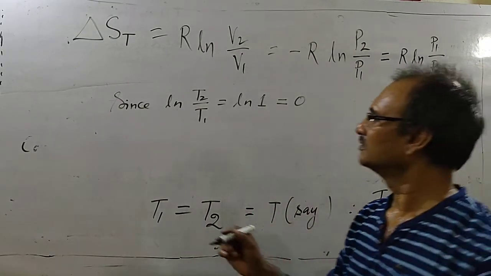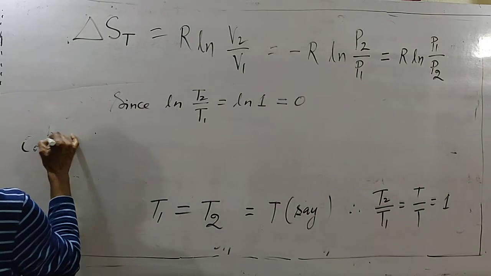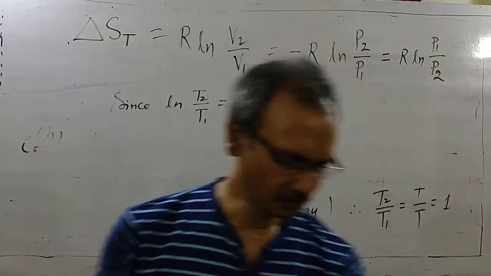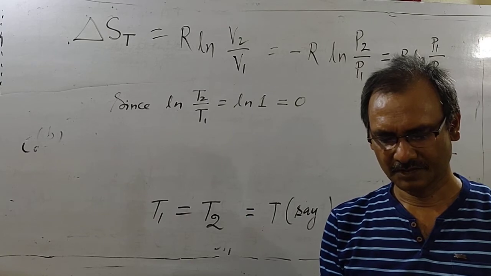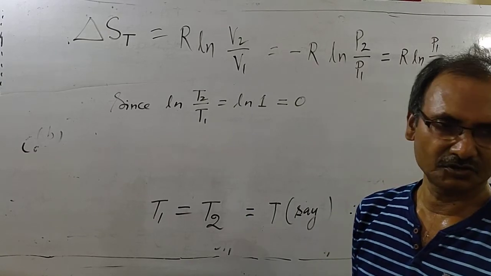Second case, B, for isobaric process. In isobaric process the pressure is constant.